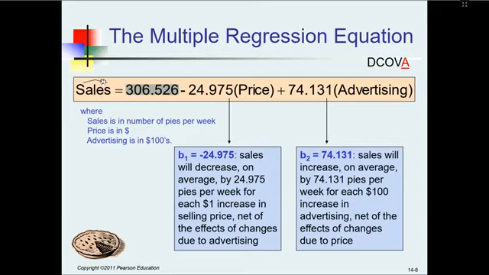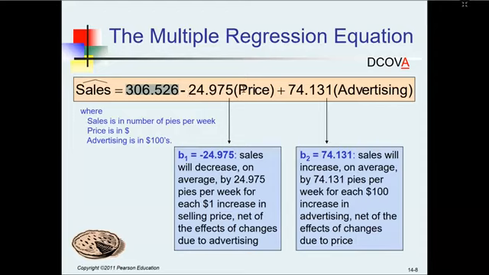That's the meaning. But advertising has a positive effect on sales. What it means is that when you increase the volume of advertising, sales is also likely to increase. That's the meaning of the negative and the positive here. So how do you practically interpret the minus 24.975?